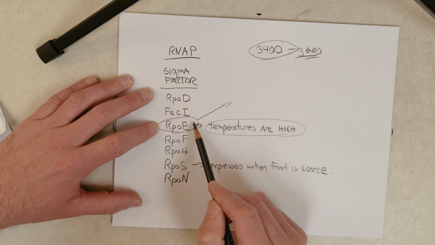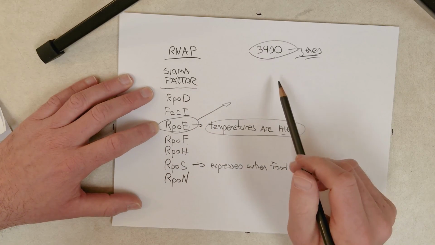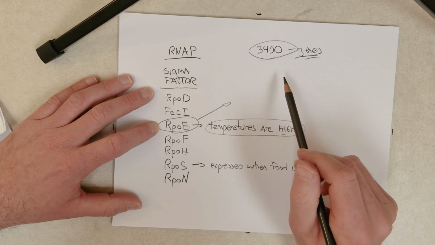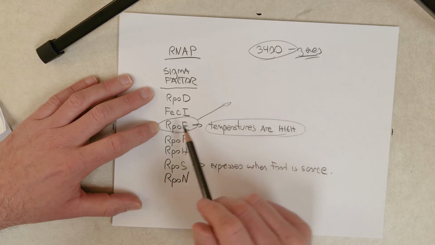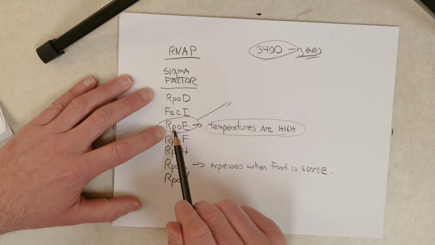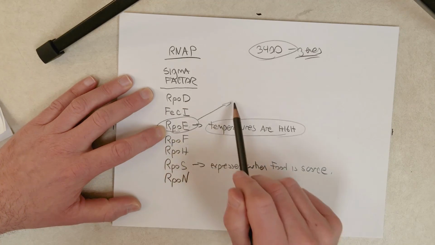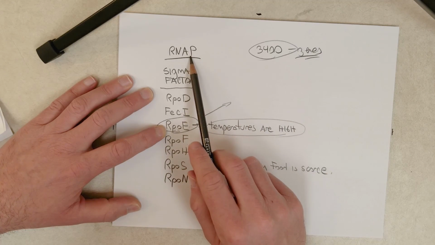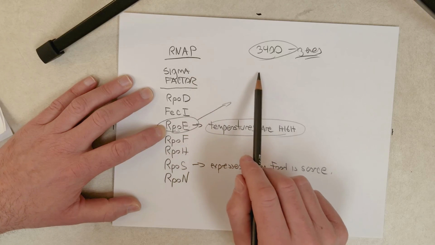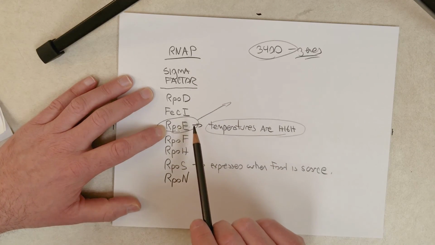For example, there's a set of genes in E. coli that E. coli needs to turn on, or turn up, when temperatures are high. Then it can do that by turning on RPOE, expressing that at higher levels. RPOE will then be incorporated into RNA polymerase, and RNA polymerase will be recruited to all that set of genes that is optimized to help E. coli survive that high temperature environment.